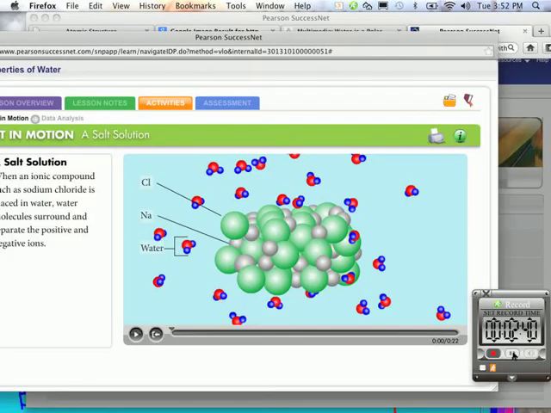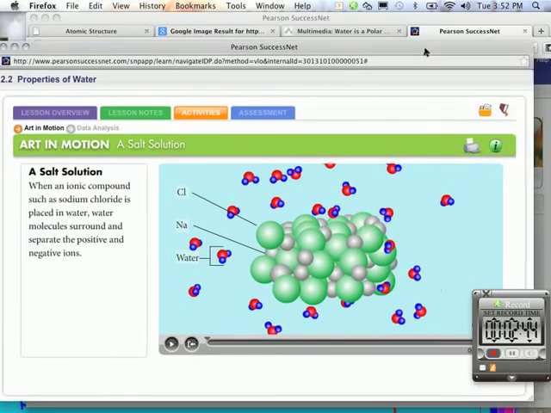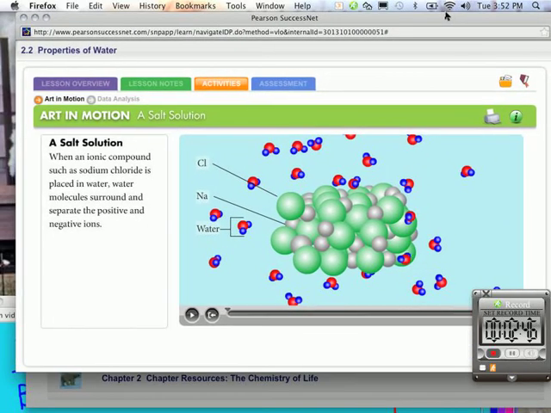If we take a look at salt in solution, there it is. This is salt in solution, and so we have the green and the white things being the salt, and we add water. There are the little water molecules, and let's just see what would happen. How is it that water dissolves something like salt?